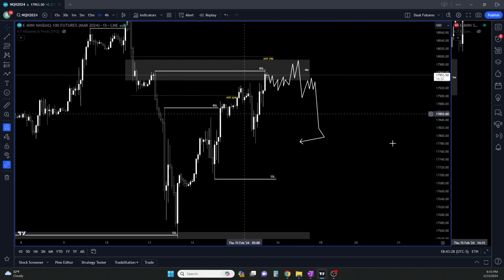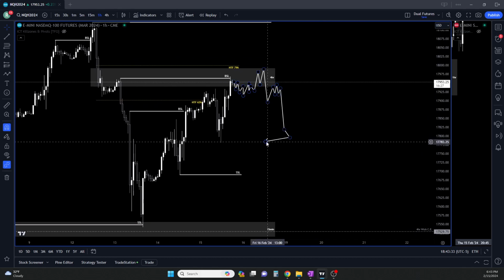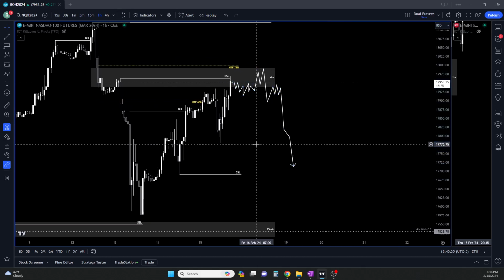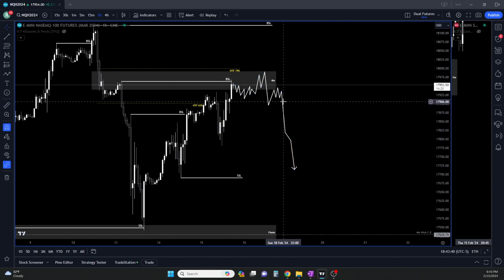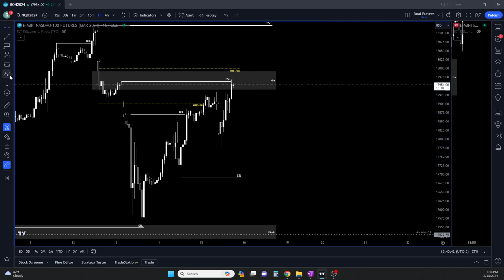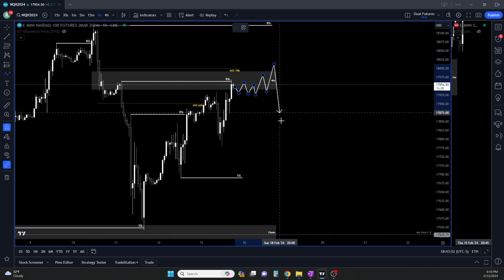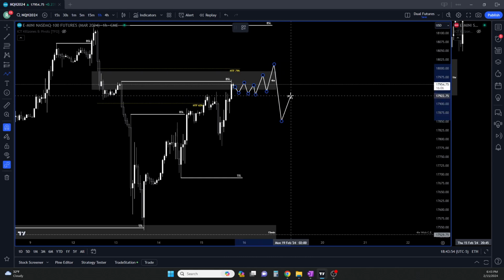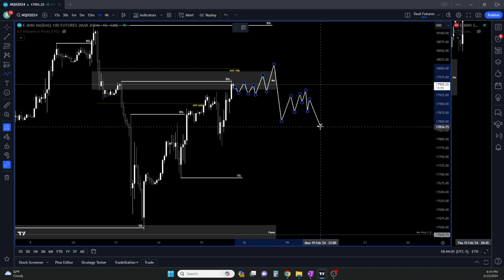But overall, in order for me to be confident that this is a sell model, we would pretty much have to have displacement through this low, or we would just have to form a bunch more structure for me to have that bias, right? We would have to displace through a new swing low or something like that, and then come up, have some sort of internal manipulation and a fair value gap.